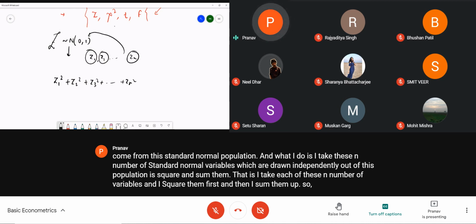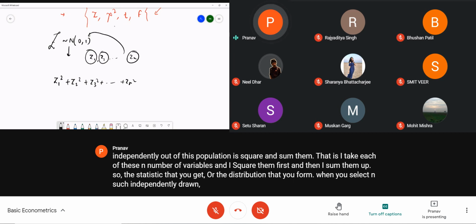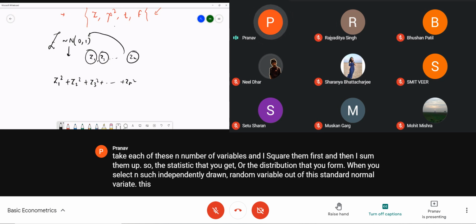So the statistic that you get, or the distribution that you form when you select n such independently drawn random variables out of this standard normal variate, this statistic is said to have a chi-square distribution.